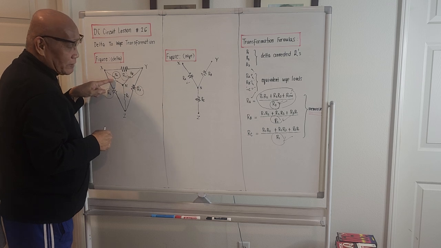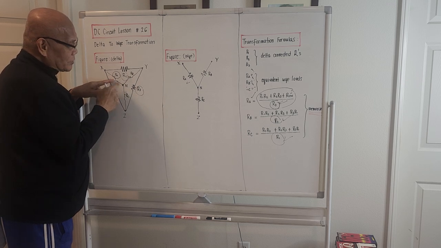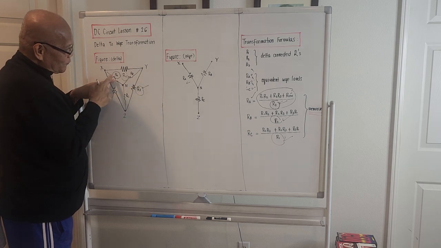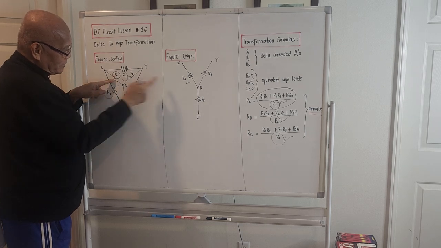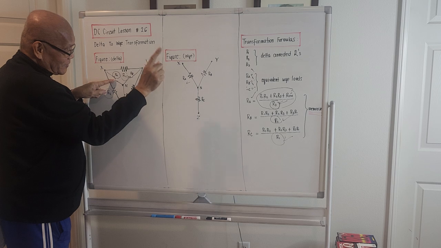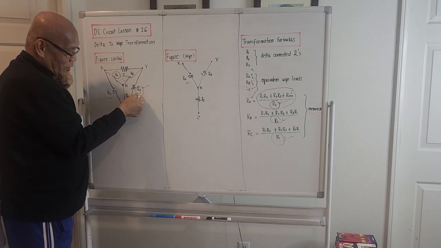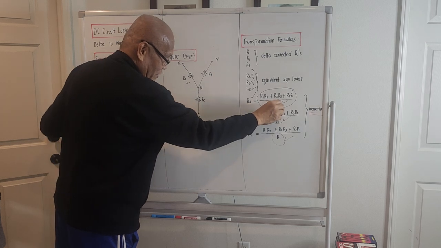If this is RA, its opposite resistance considering the delta connection is actually R sub 3. That's why if we try to compute for R sub A, the denominator should be R sub 3. That's why in the first formula, the denominator is R sub 3.